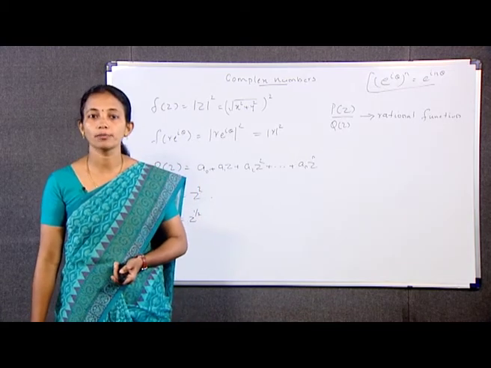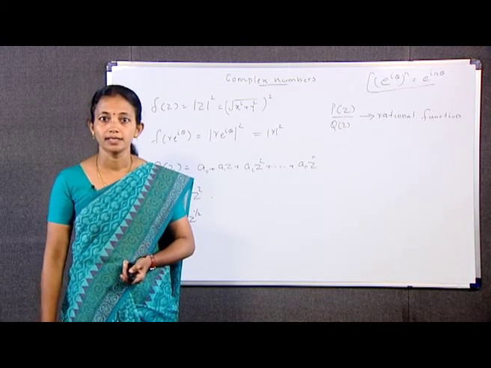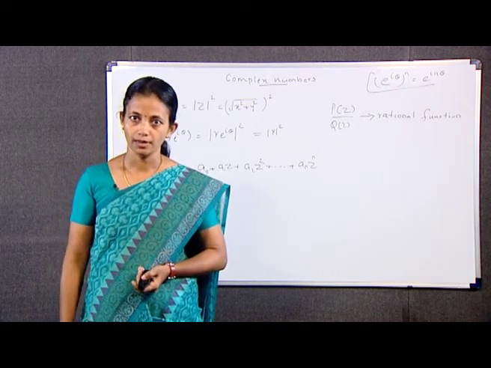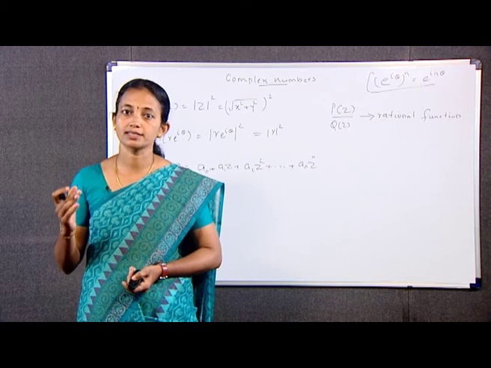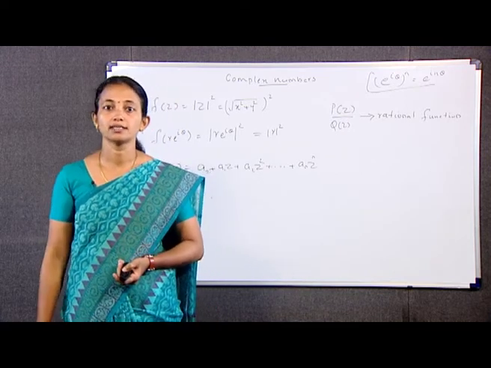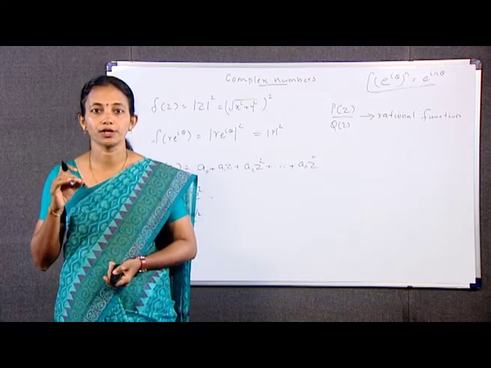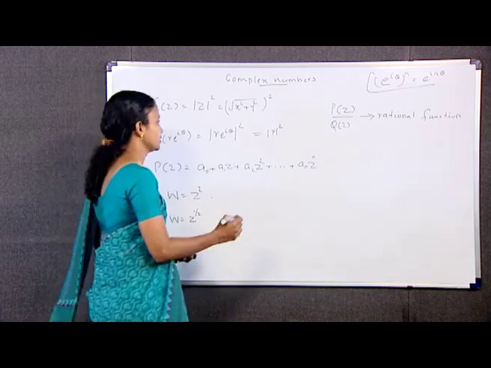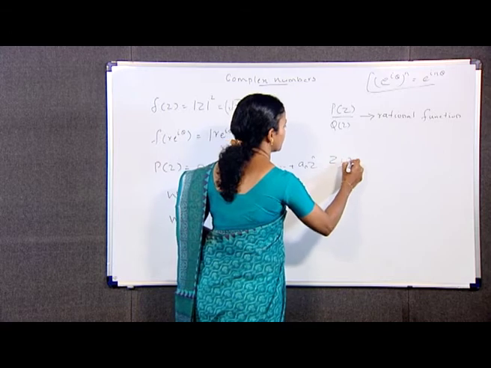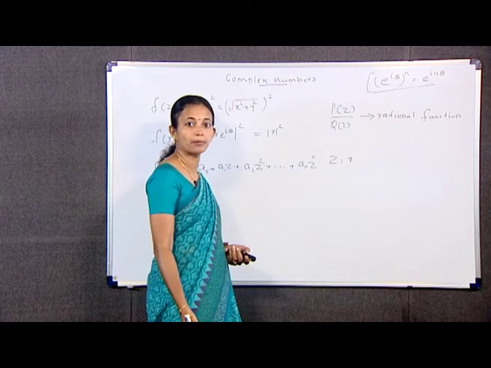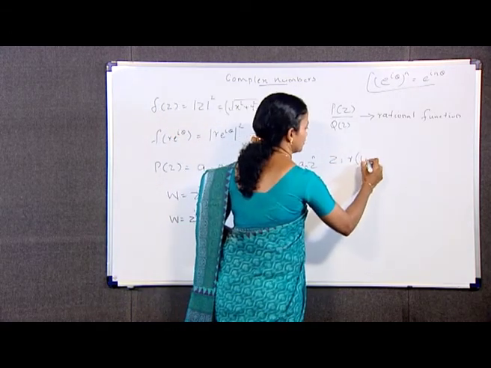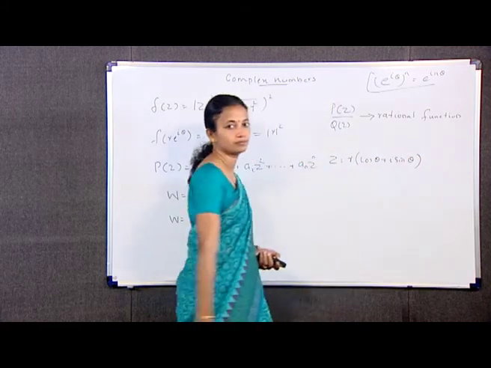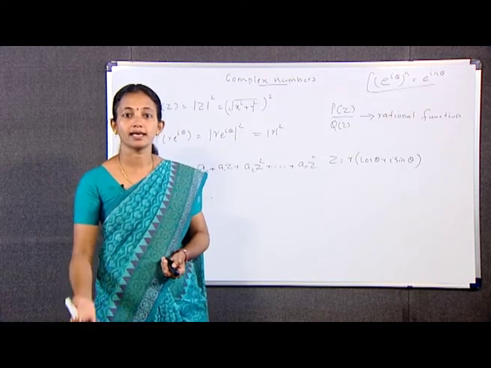For a non-zero complex number, we take z = r e^(iθ), where r > 0 and -π < θ ≤ π, θ being the principal value of the argument of z. Then z = r(cos θ + i sin θ).